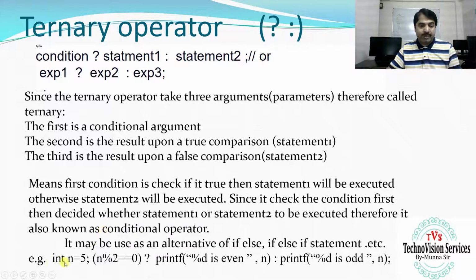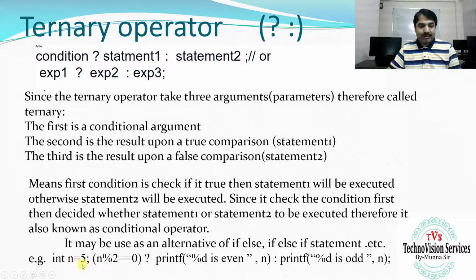For example, suppose we have taken int n equal to 5 and we want to check without using an if else statement whether it is even or odd. How can we do it? Here we are checking the condition, without using an if statement, n mod 2 equals 0 question mark, means whether it is true or false.